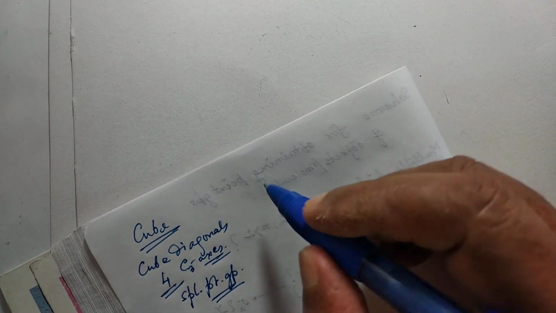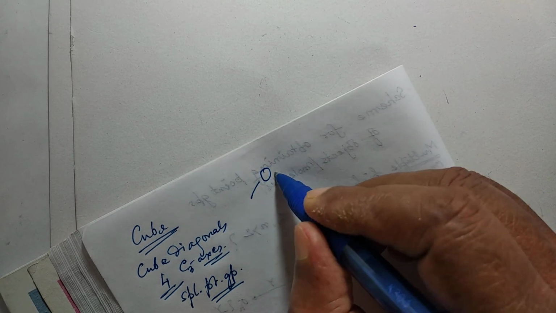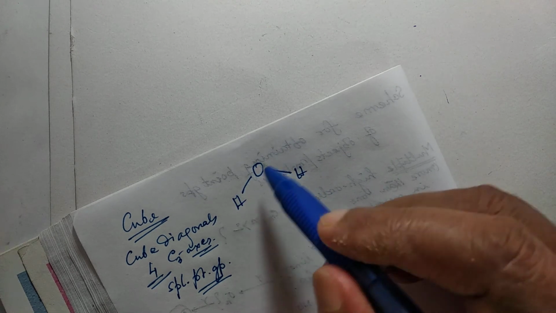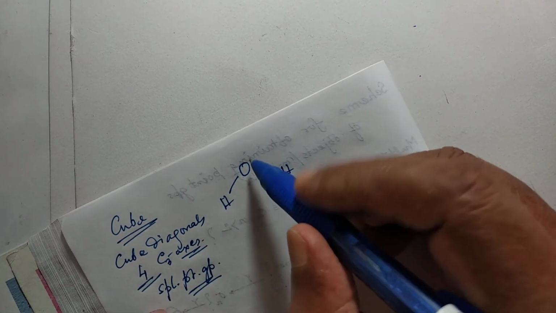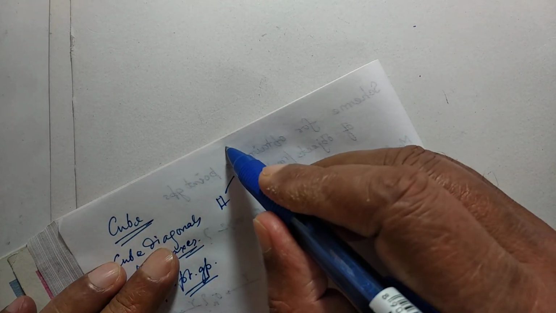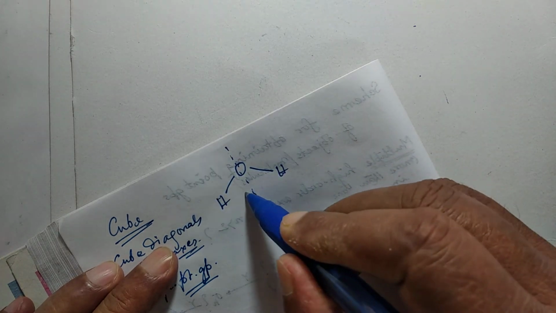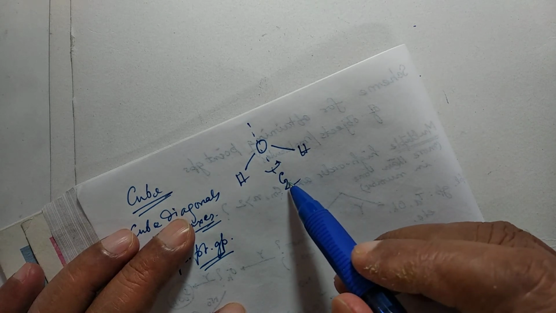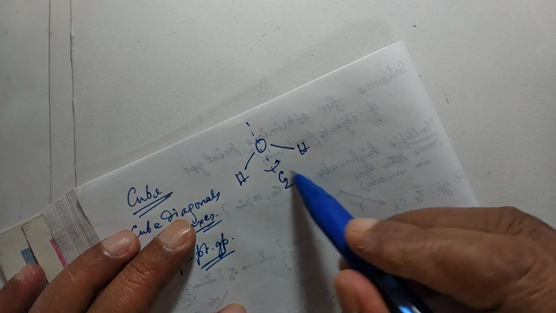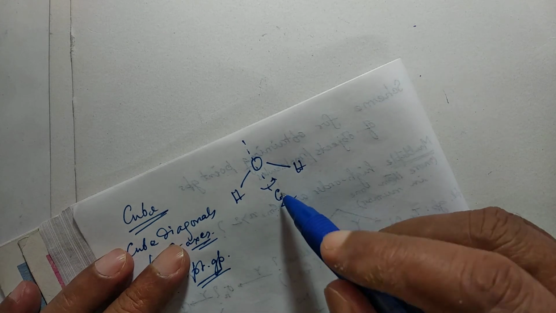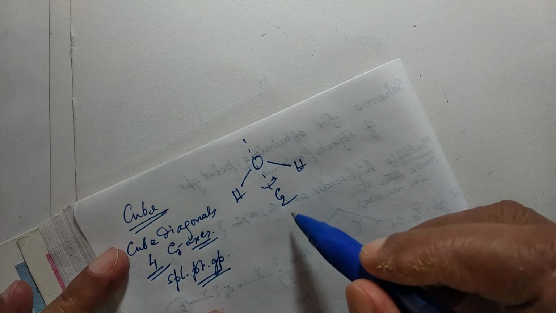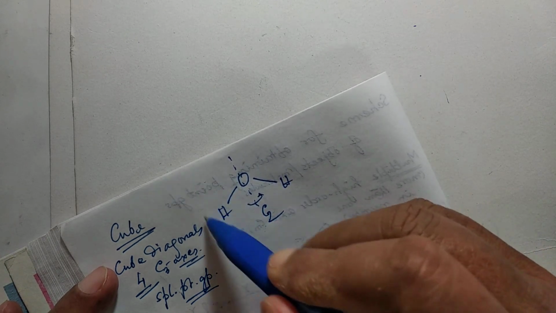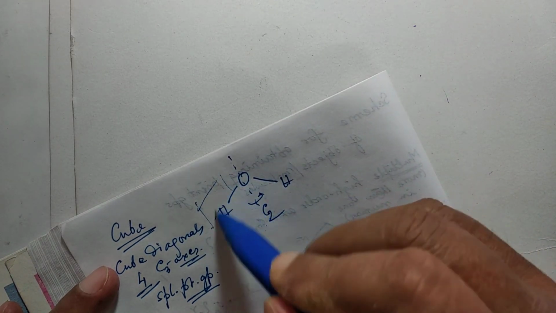Let us consider a simple molecule, H2O. It does not have such multiple axes. It is non-linear, and it has one two-fold axis of symmetry. And there is no other C2 axis perpendicular to this C2. Then next question is sigma h. Sigma h is not present. There are sigma v planes. This is one sigma v plane.